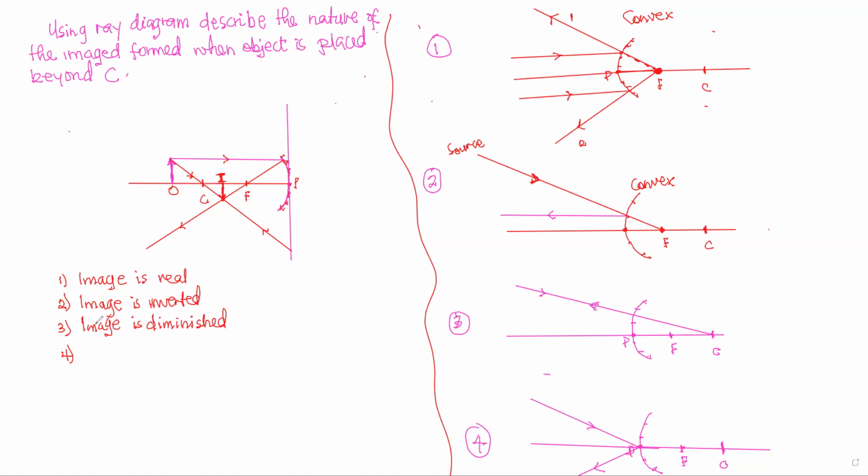Okay, so the last observation is the precise location of the image. Image is formed between the center of curvature and the focal point. So image is between C and F.